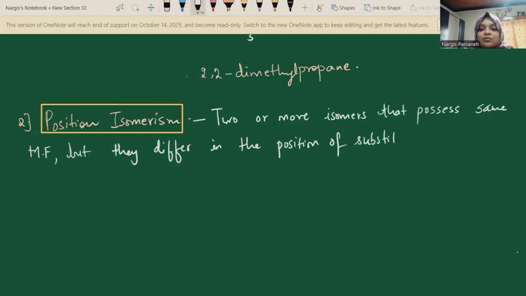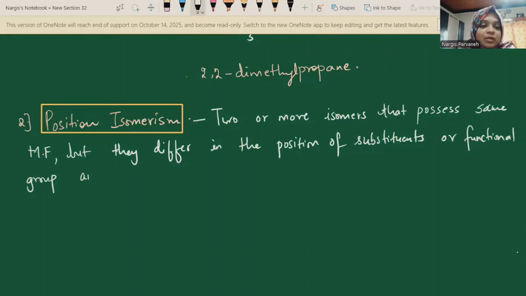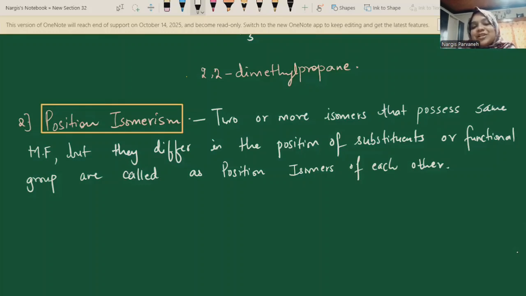You know that branches are also called substituents or functional group. Two or more isomers that possess the same molecular formula, but they differ in the position of substituents or functional group are called position isomers of each other. Of course, the phenomenon is called position isomerism.